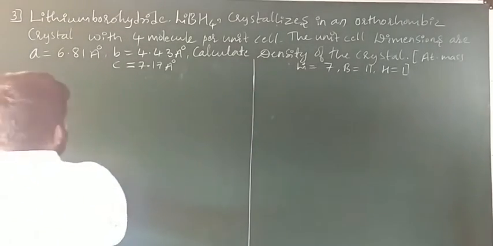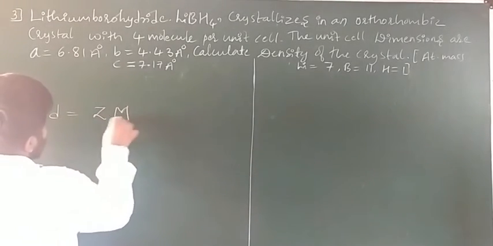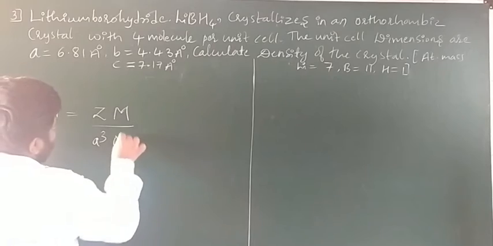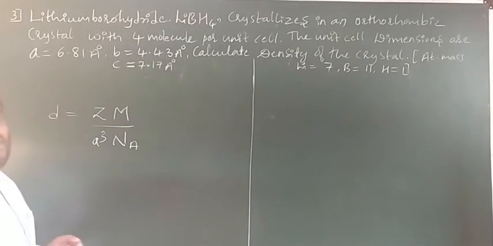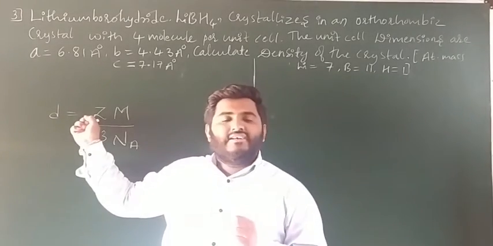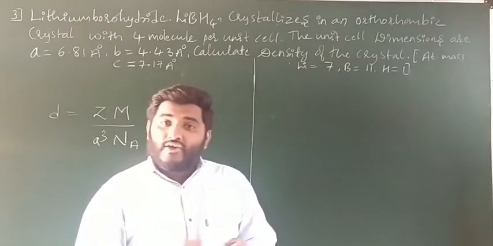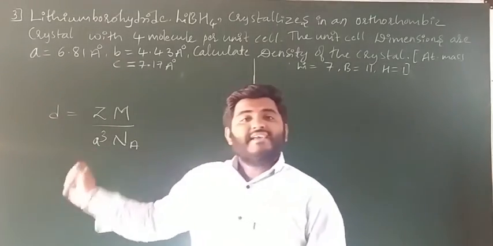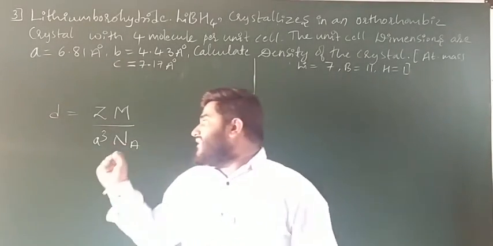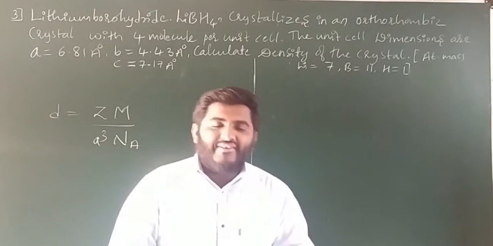Here Z is the number of atoms, M is molar mass, A cube is volume, A is the edge length of the cube, and Na is Avogadro's number. We have already studied that in the previous class.